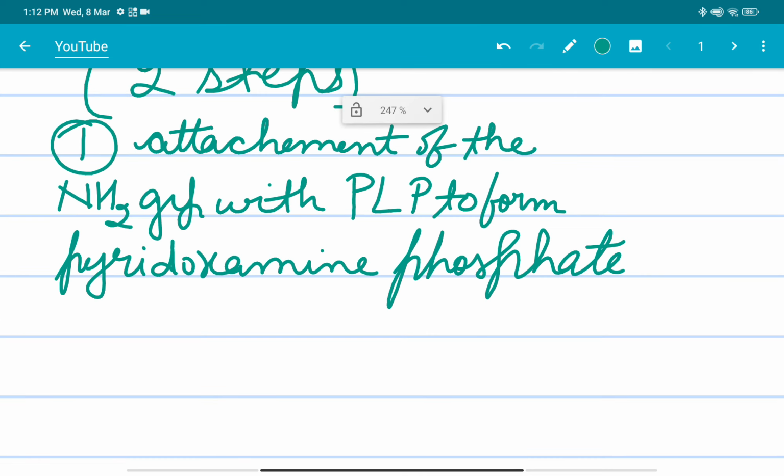Next step is the transfer of the amino group from the pyridoxamine phosphate to the keto acid in order to form the new amino group.